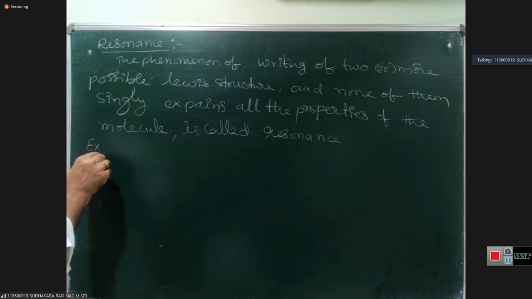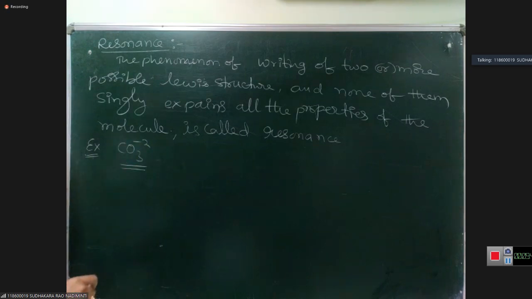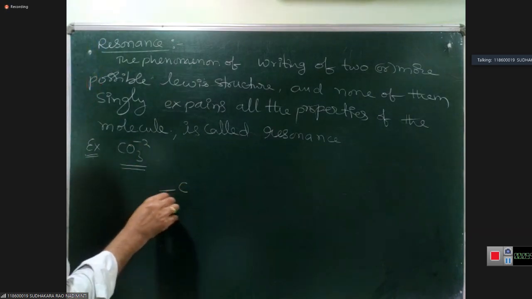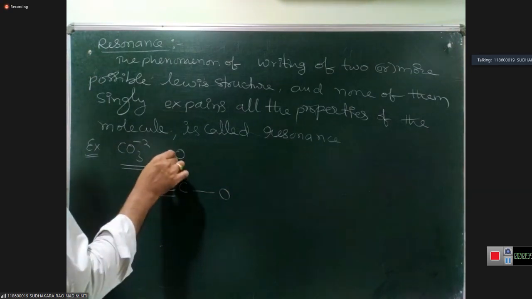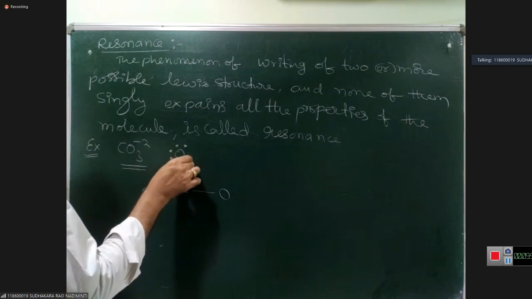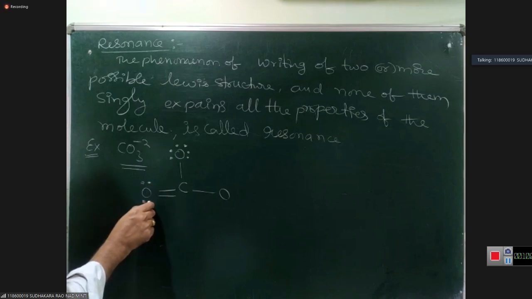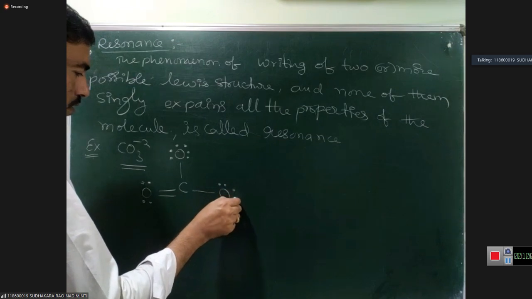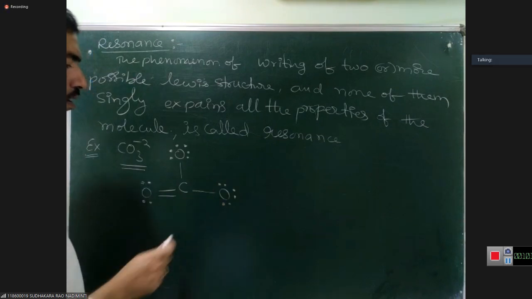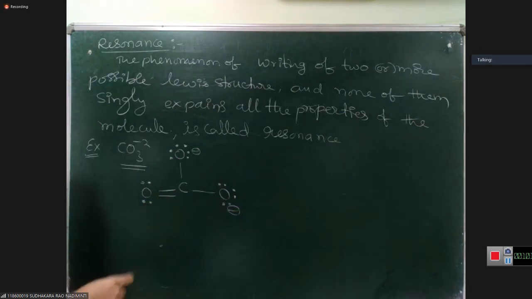For example, carbonate ion is there, CO3 minus 2.